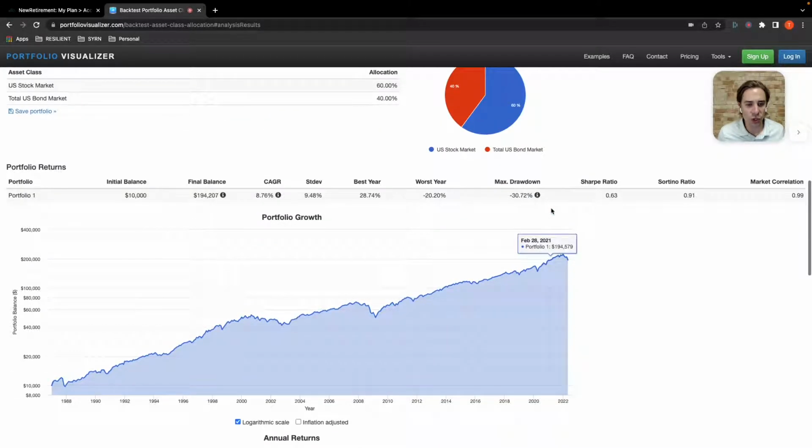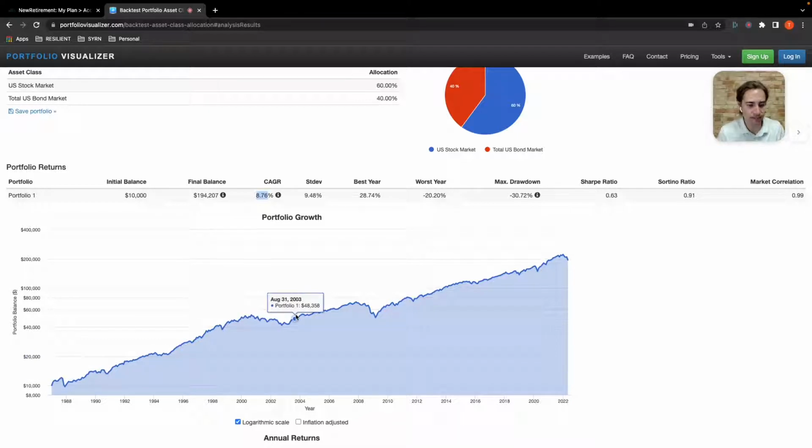And if you go to the compound annual growth rate, you can see here it's 8.76. So 8.76 you can essentially say has been the average return for a 60-40 portfolio, backtested all the way through 1987.